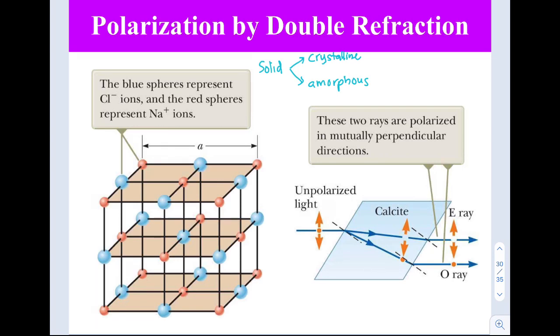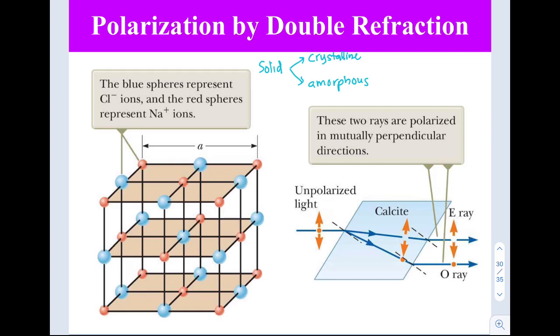So due to this, in certain crystals such as calcite and quartz, the speed of light is not the same in all directions. Therefore, the light is going to be polarized. And this kind of material has two indices of refraction.